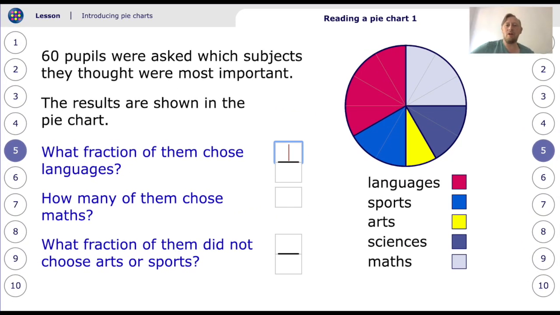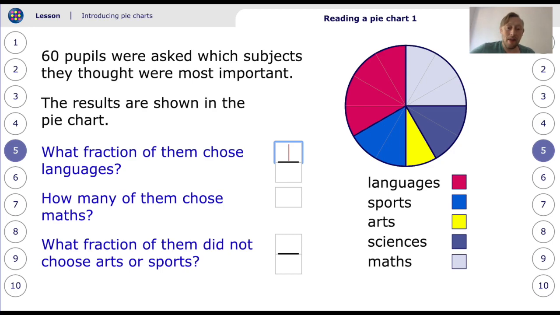Now in this pie chart, they've surveyed 60 people. And if you look closely, you can see the pie chart hasn't actually been segmented into 60 sectors. It's actually been split up into 12. So you're going to have to do a little bit of maths here and figure out that each sector is clearly worth 5, because 5 times 12 is 60.